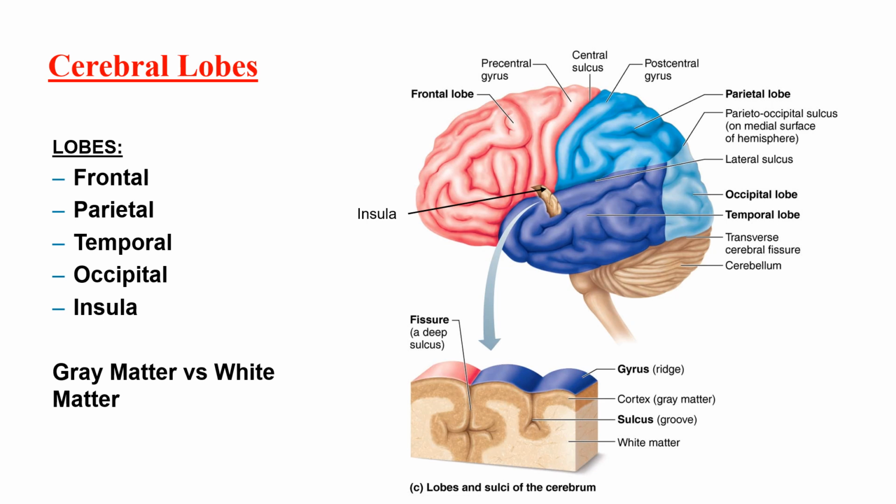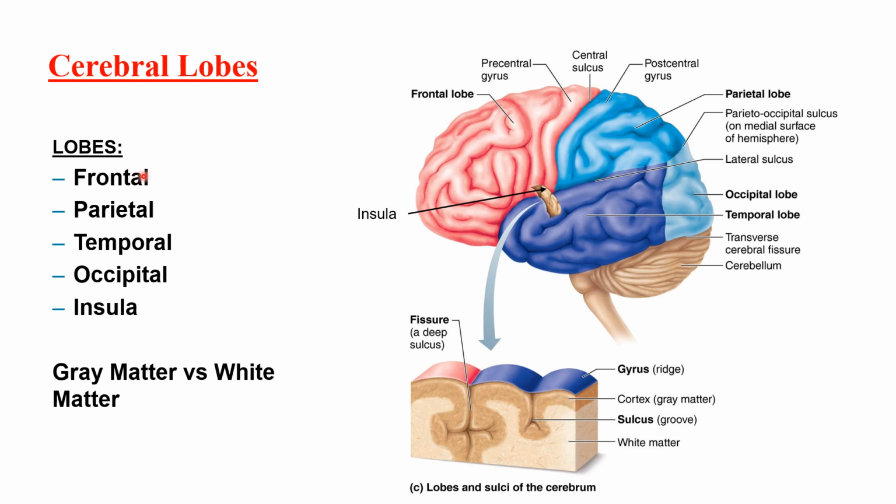And so the fissures and sulci, especially the major ones, are separating the different functional regions we call lobes. The one I am not going to be particularly concerned about is the insula or the insular lobe. It's just kind of down inside, hard to spot on models, so we're not going to worry about that too much.